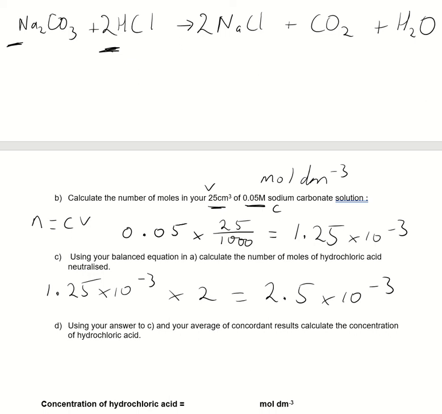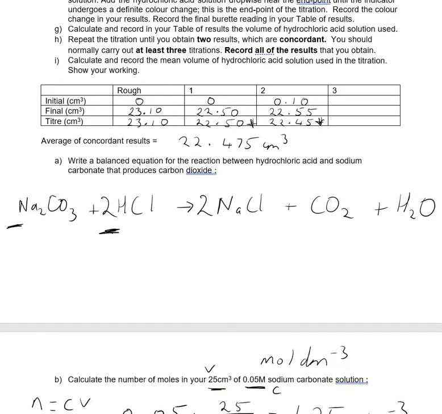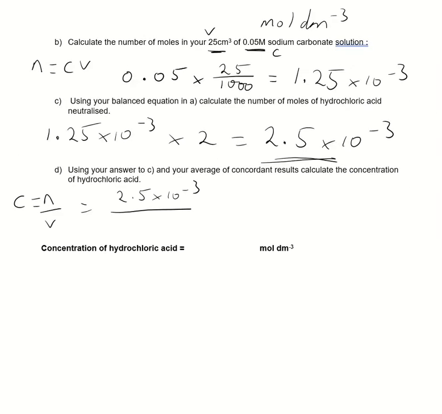Now, using your answer here, so this one, so our number of moles, and your average of your concordant result, to calculate the concentration of hydrochloric acid. So I need n equals CV again, since we're looking at a solution. Rearrange: C equals n over V. So my number of moles, 2.5 times 10 to the minus 3, divided by volume, we had 22.475 over 1,000 to convert to dm cubed.